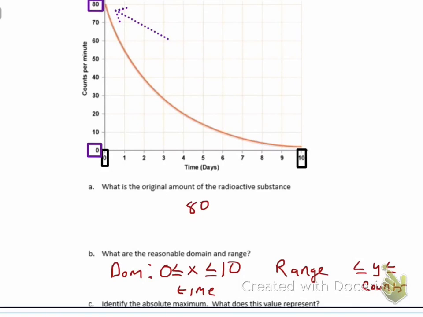So range 0 less than or equal to y, which is less than or equal to 80. And the maximum, again, the maximum is your highest point, so 80. Oh. And that about wraps it up. So I hope this helps.